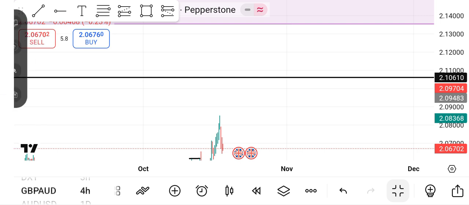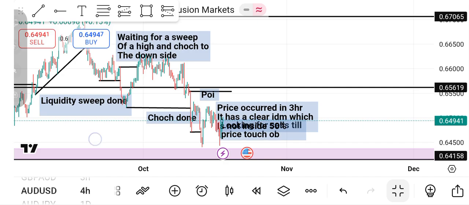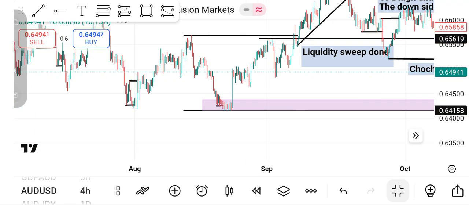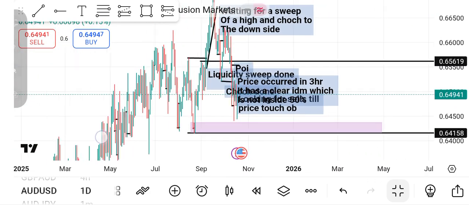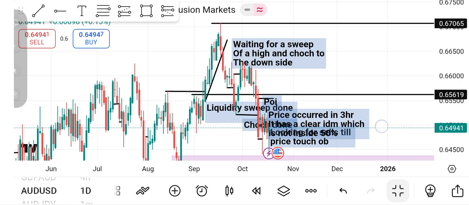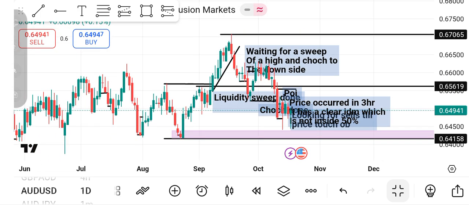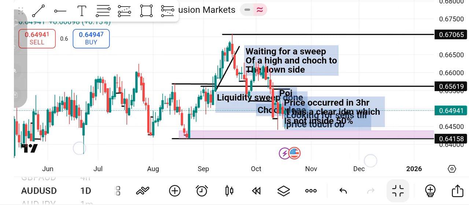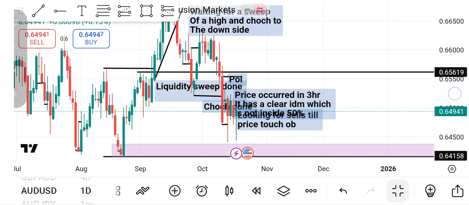Okay, let's go to AUD USD, right? In AUD USD daily time frame, what can we see? Price is bullish on AUD USD daily time frame. All right.